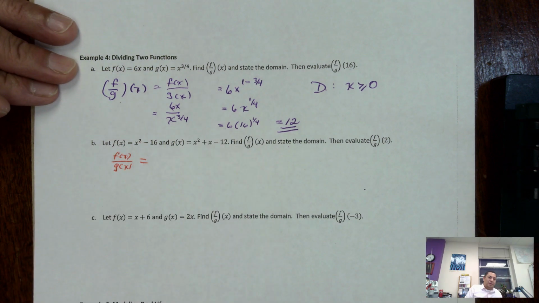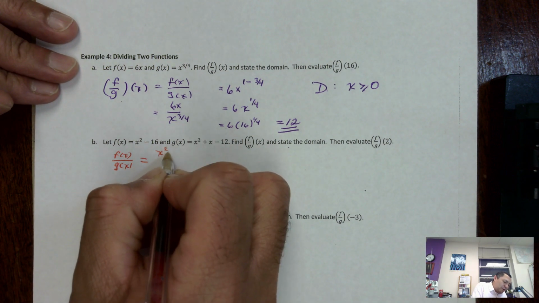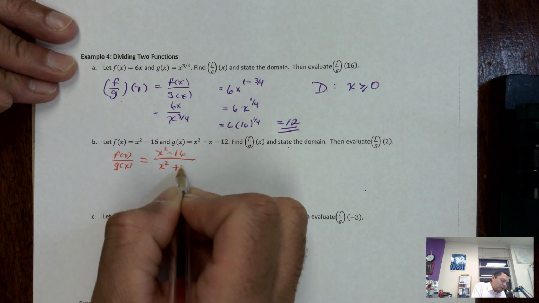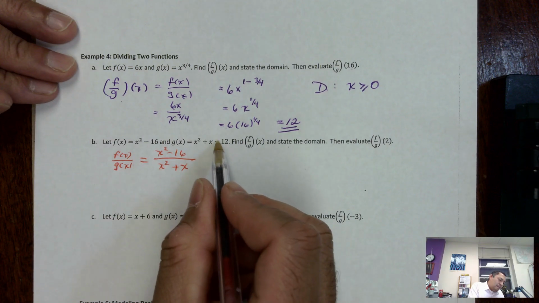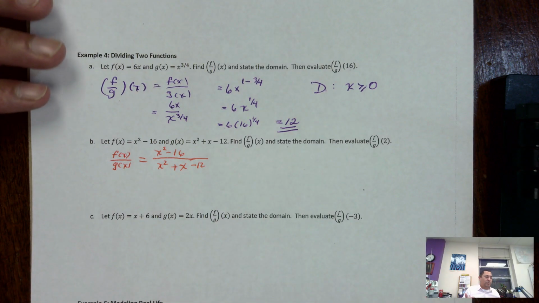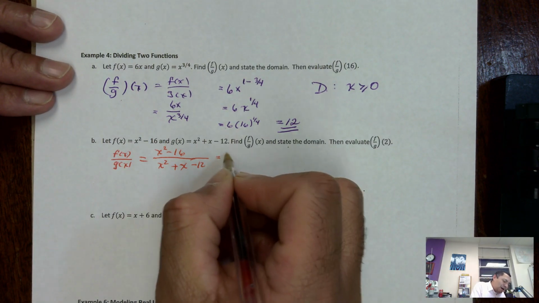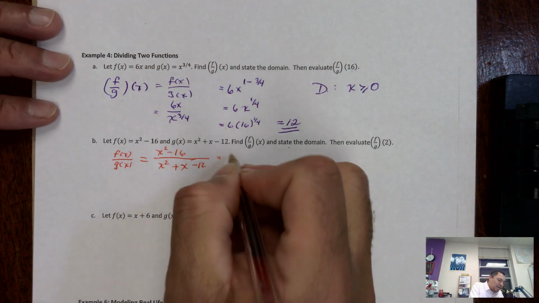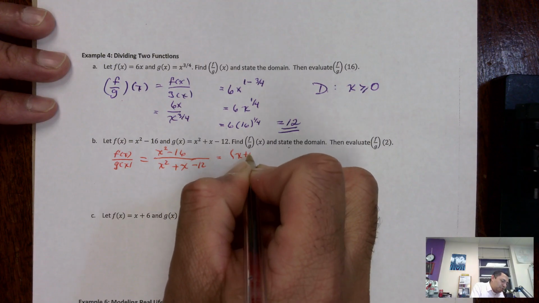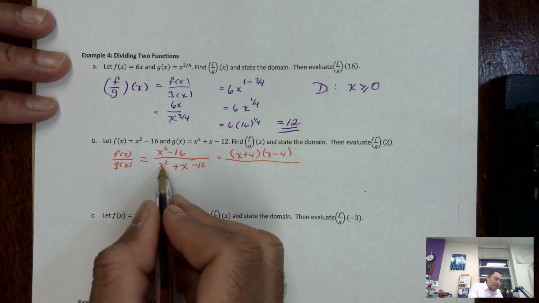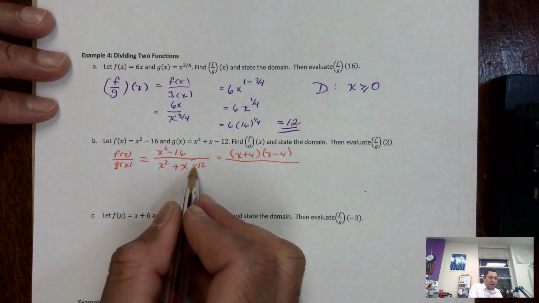So this is going to be equal to x squared minus 16 over x squared plus x minus 12 here. So we need to factorize. x squared minus 16 is a difference of squares, so this is going to be (x plus 4)(x minus 4) over x squared plus x minus 12.